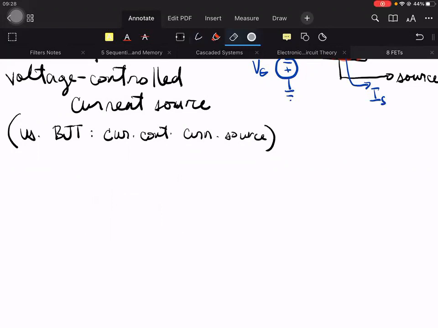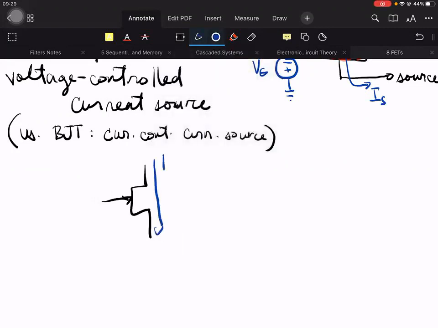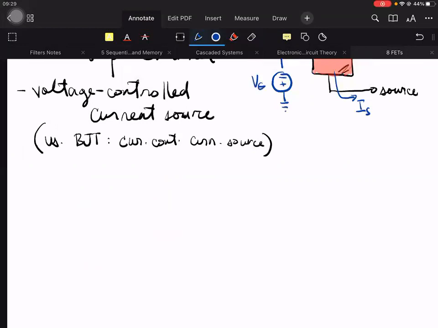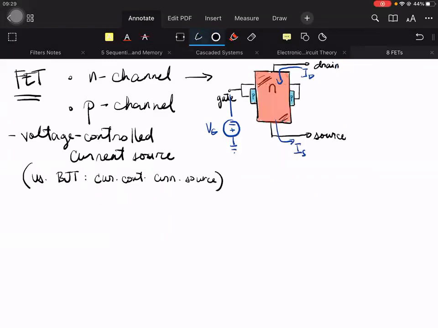It's not the same as the FET. So this is the symbol for the FET. Let me reiterate later. Current will only flow from the drain to the source when voltage is applied to the gate. So that's one of the primary characteristics of our FET. It's a voltage controlled current source.